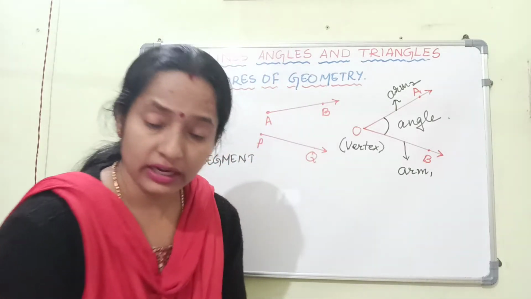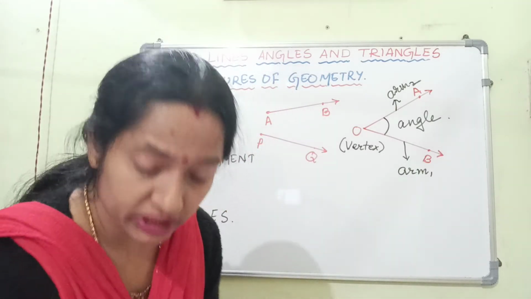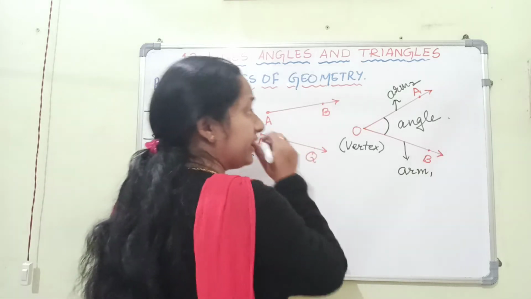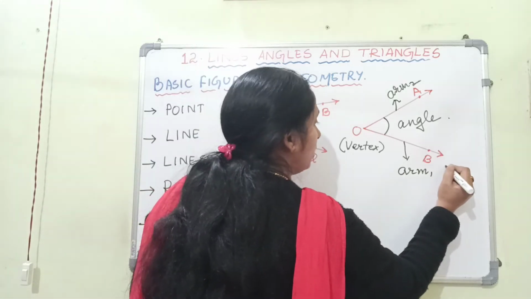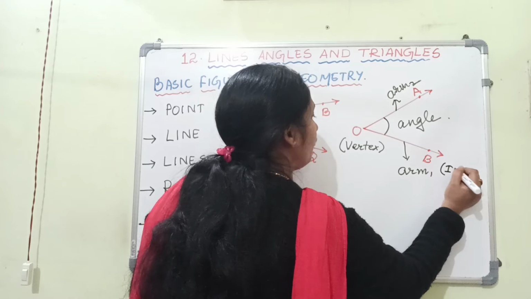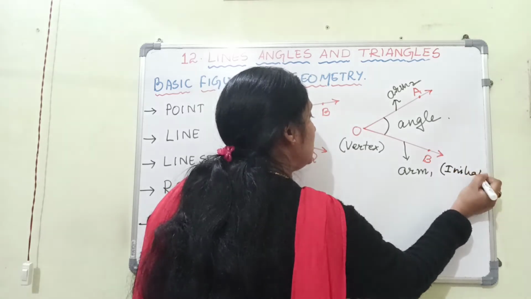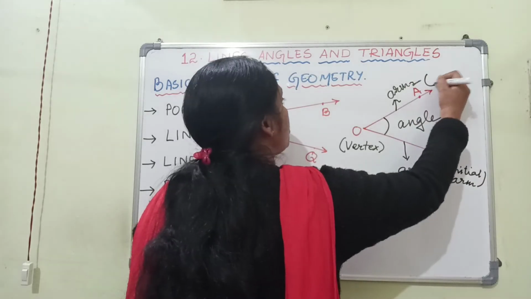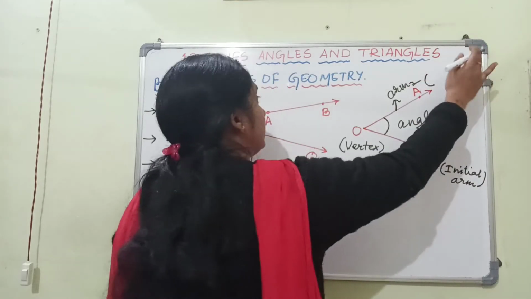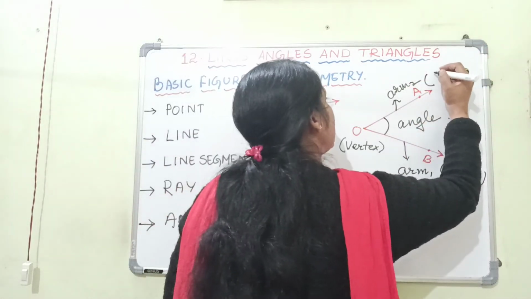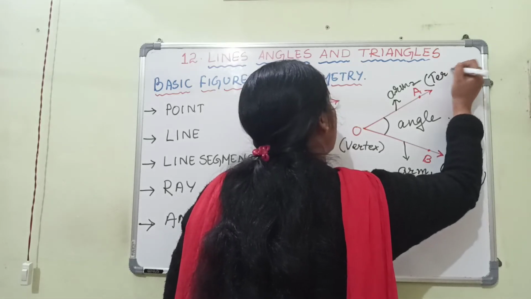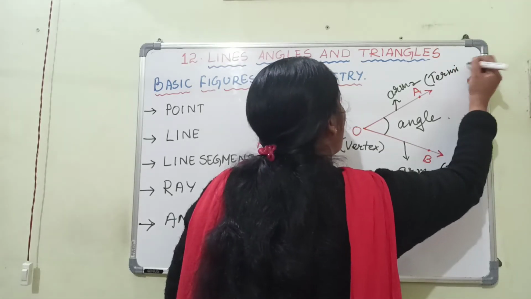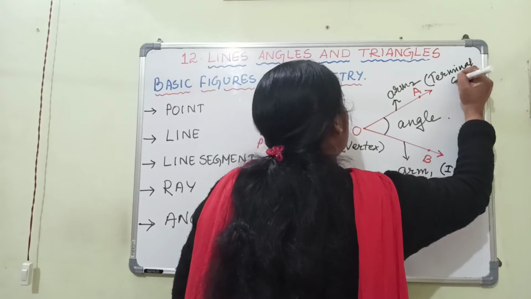Now children, I think you understood what the initial and the terminal arm are. So I can consider any one of the arms as the initial arm. It is up to you which arm you take as the fixed one, that will be considered the initial arm, and the other movable one will be called the terminal arm.